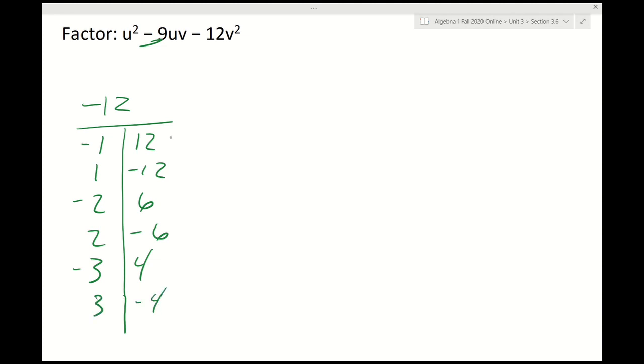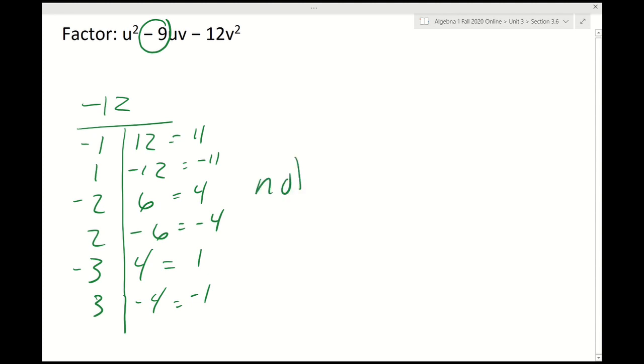If I add these, I get 11, negative 11, 4, negative 4, 1, negative 1. None of these, in fact, will add to give me a negative 9. So we're going to say not factorable. For our purposes, this cannot be factored.